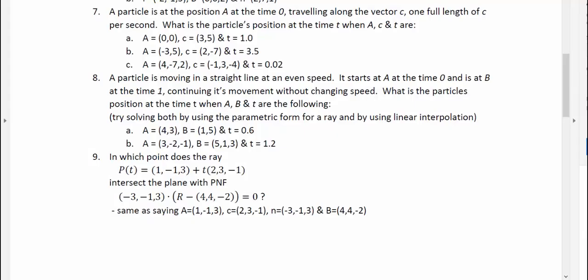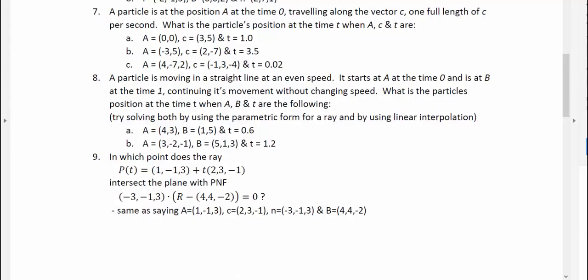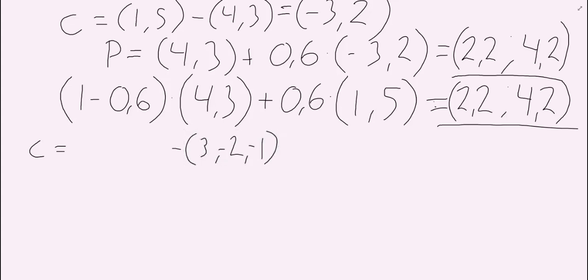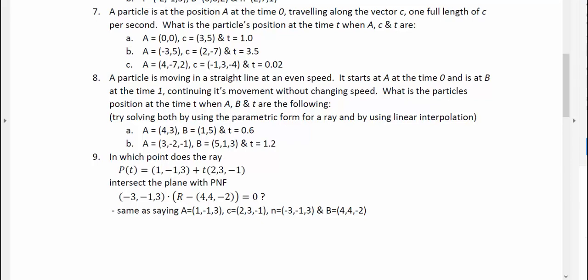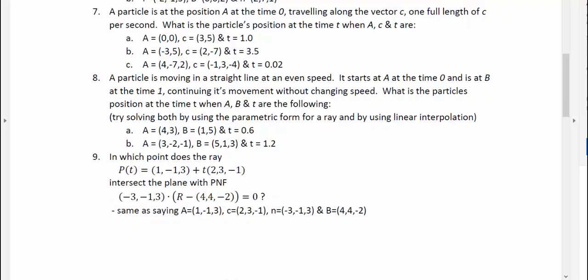Second example, so we have b minus a, let's just do it the same way here, c equals b, which was 5, 1, 3, minus a, which is 3, minus 2, minus 1.